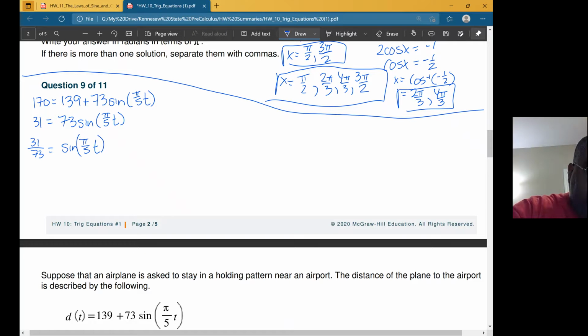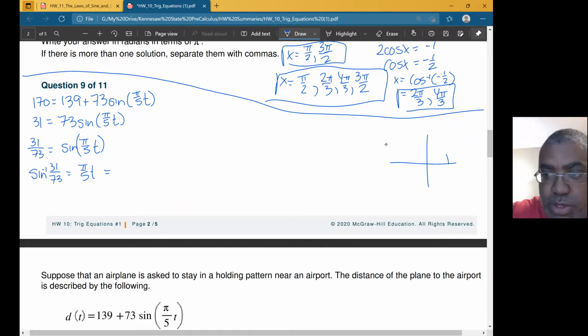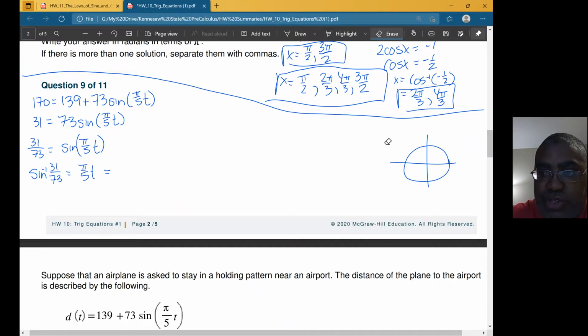All right, here's where we start getting tricky. So arc sine of 31 over 73 is equal to pi over 5t. Let's do it like this. Unit circle. You know I like drawing these. So I'm taking the arc sine of 31 over 73.